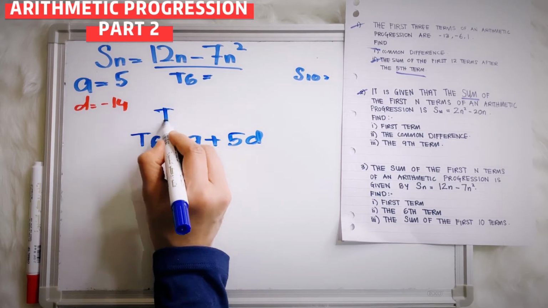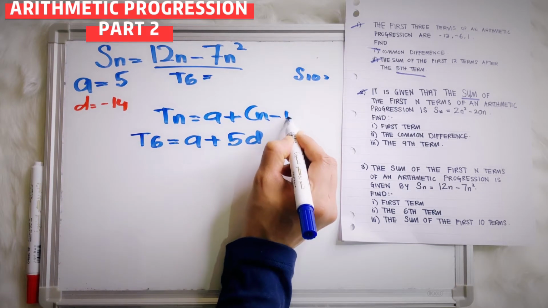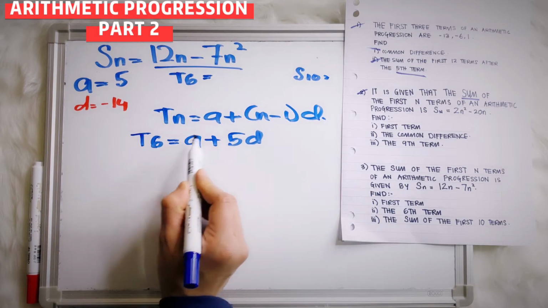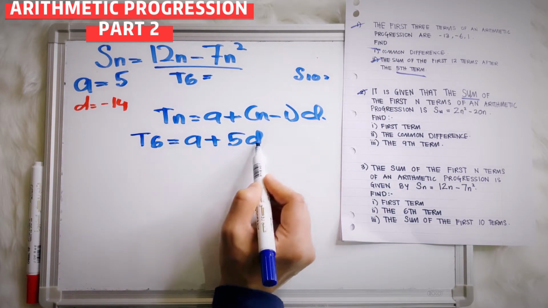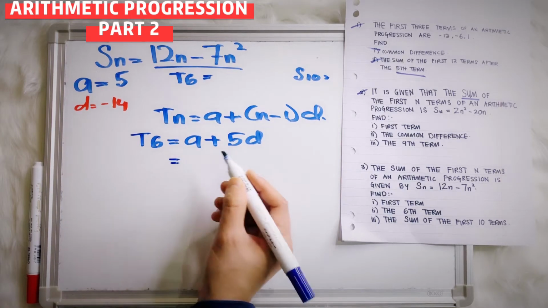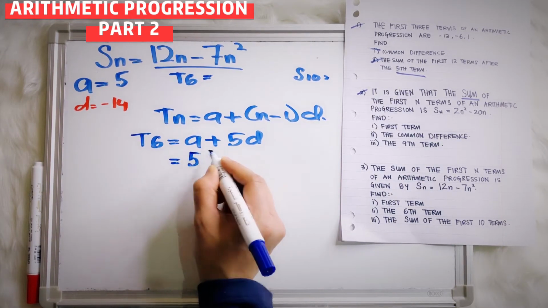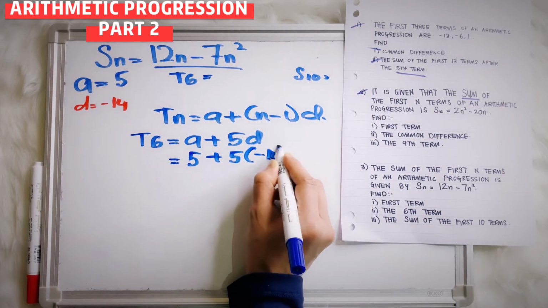This is the formula, Tn equals a plus n minus 1 times d. So n now is 6. So a, you copy back. 6 minus 1, you have 5 times d. Now we substitute the value. a equals 5 plus our d is negative 14.